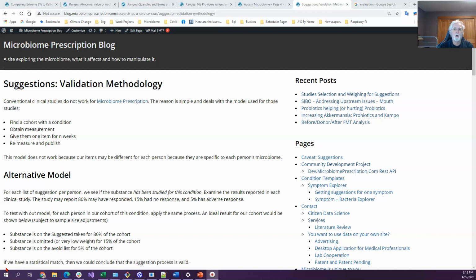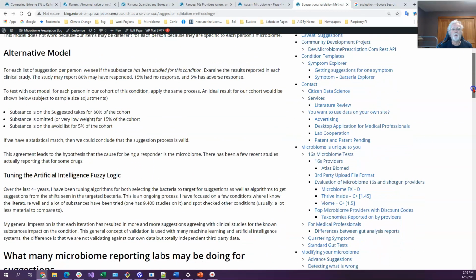The model which I tend to use is slower, and you can do it in bulk, but in general what we do is somebody with a particular known condition offers the microbiome sample for analysis as a public blog post, which is up on the blog microbiomeprescription.com.